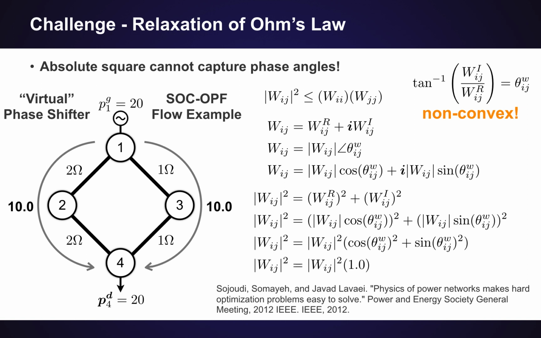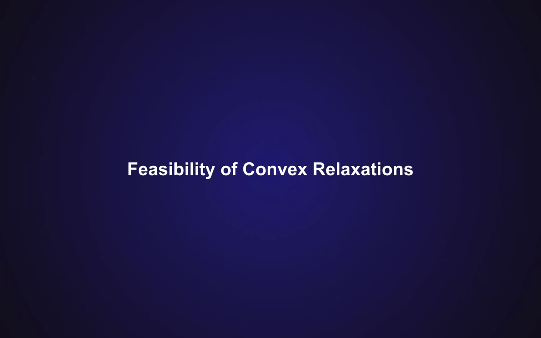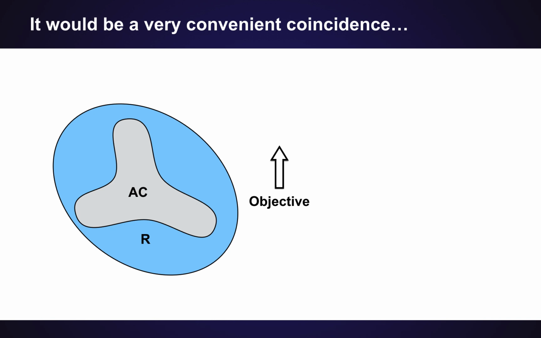Mm-hmm. Okay, so next I want to talk briefly about feasibility of convex relaxations. These are situations where a convex relaxation actually gives you an AC feasible solution. Let's begin with a thought experiment in the abstract.